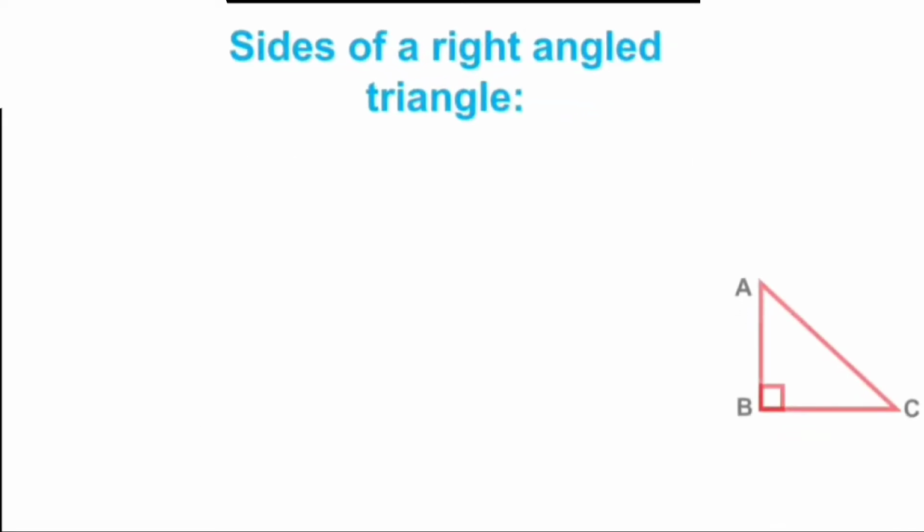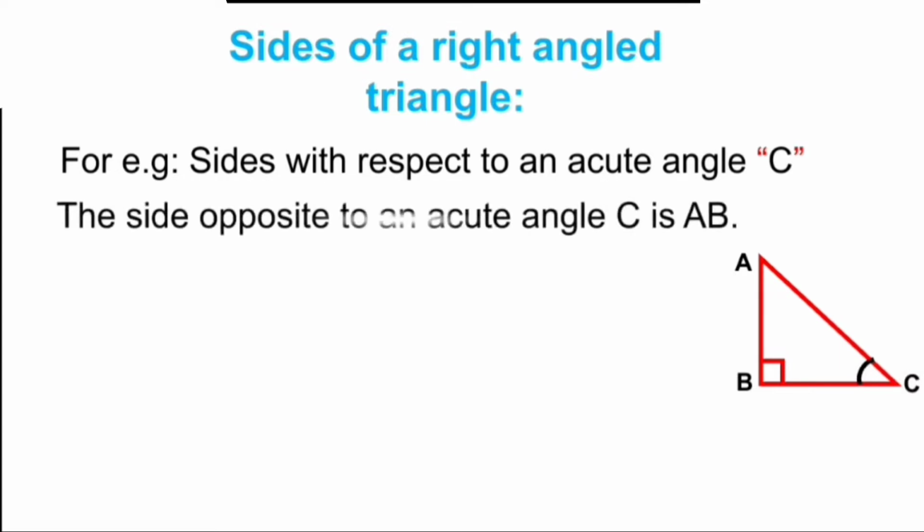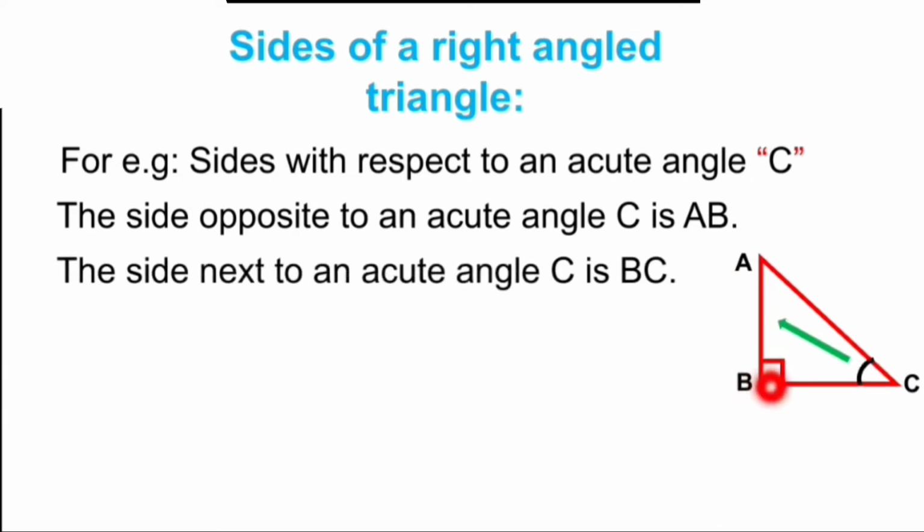Next, children, now let us name the sides of a right angle triangle ABC with respect to an acute angle C. Will they be the same? Let us check it. The side opposite to an acute angle C is AB. Next, the side next to an acute angle C other than AC is BC.